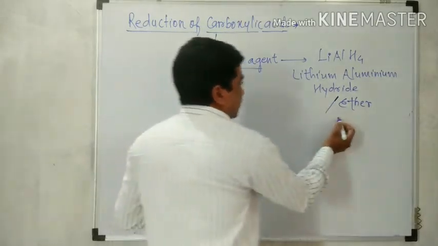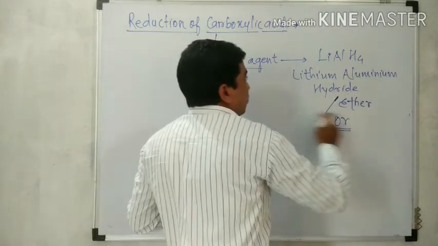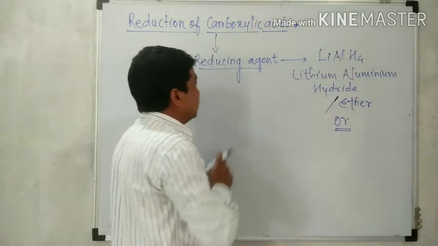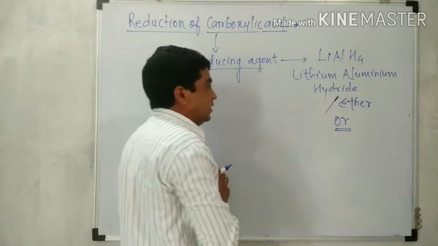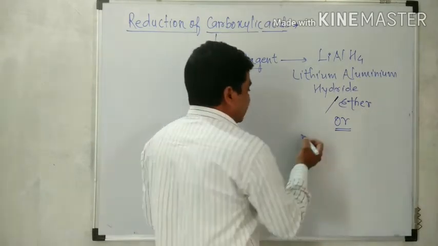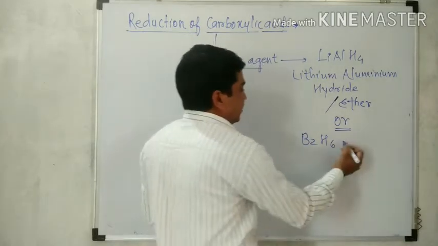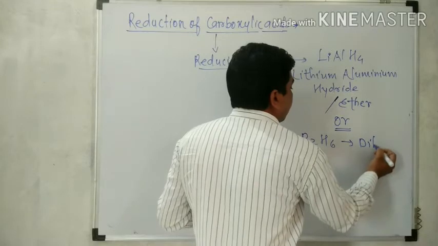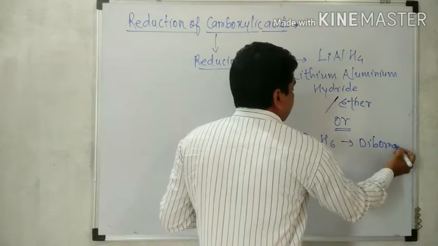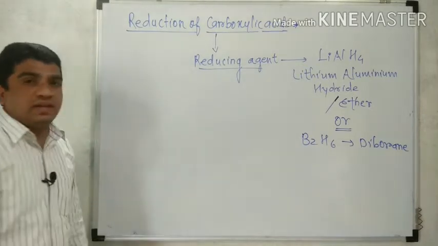Or another option: instead of LiAlH4, the second reducing agent we can use is B2H6, that is diborane, which is also a good reducing agent.